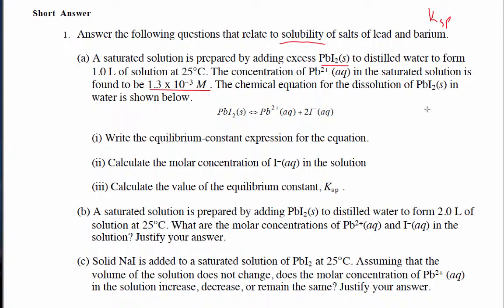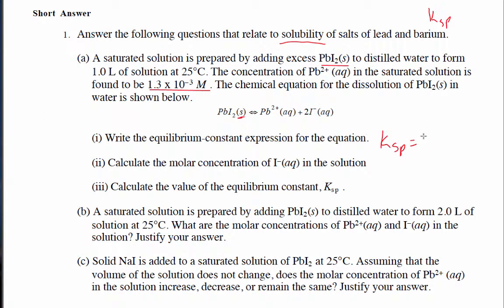I know that I'm going to have a K value, and since it's talking about a solid, it's going to be KSP equals something. Now, we know that K is always products over reactants, but what do we notice in our reaction? Our reactant is a solid, and solid concentrations remain constant. So that means everything is going to be based on my products.